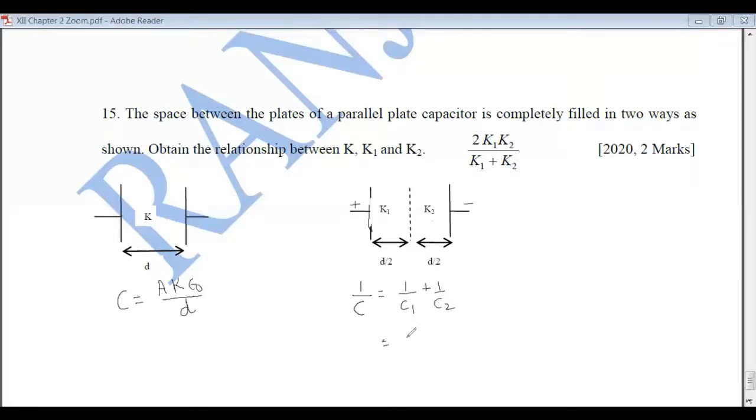So 1 upon C1 plus 1 upon C2. C1 we know is equal to A K1 epsilon naught upon D by 2, so this 2 will come here. The same way, 1 upon C2 is equal to D upon 2 A K2 epsilon naught. Taking D upon 2A epsilon naught outside, inside the bracket we have 1 upon K1 plus 1 upon K2.